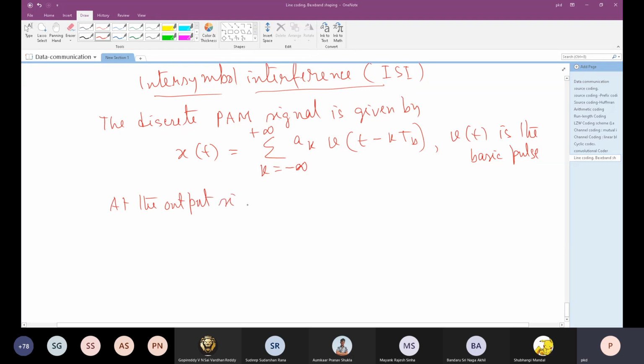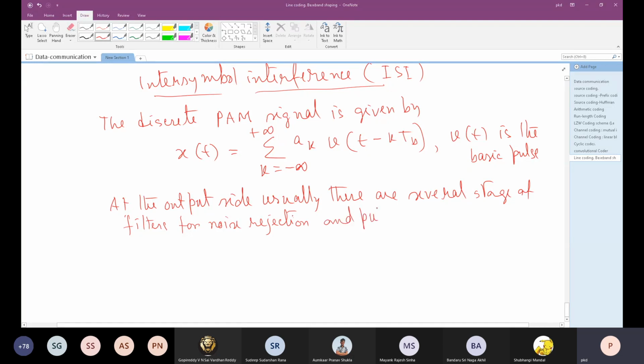At the output side, usually there are several stages of filters for noise rejection and pulse shaping.